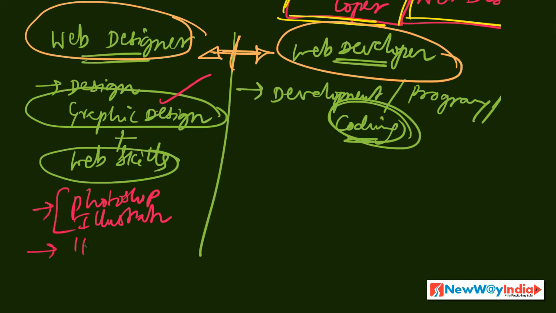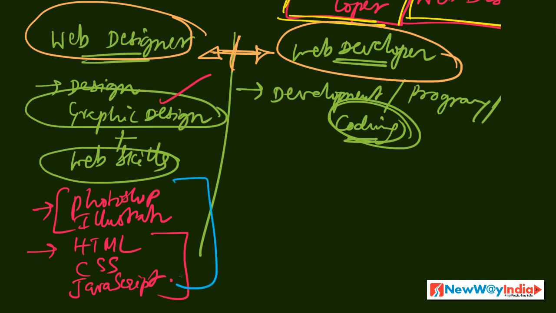Then HTML, CSS, JavaScript. These are the fundamental skills for a web designer. And if you want to become a good web developer, along with these things, you need to know PHP, Java.